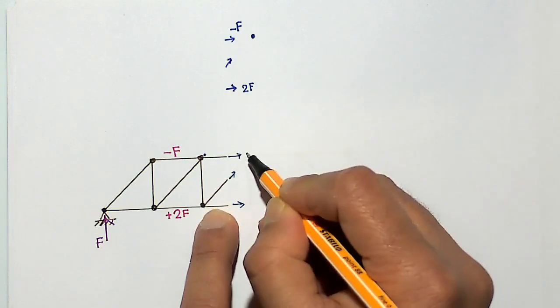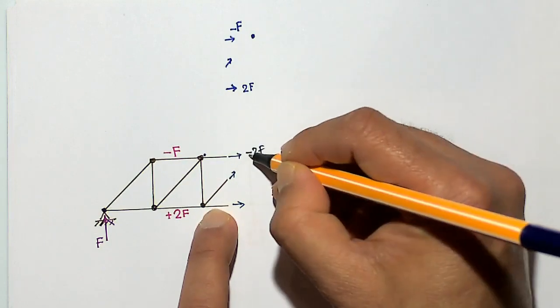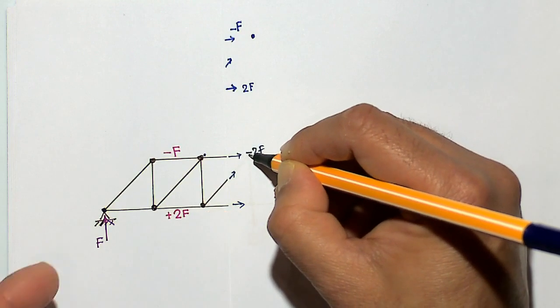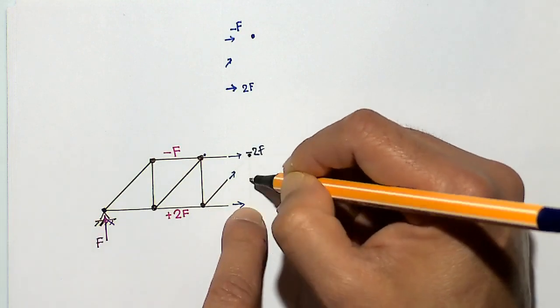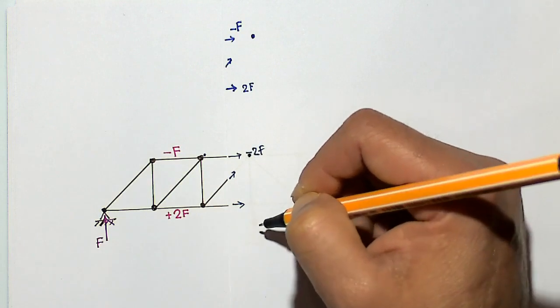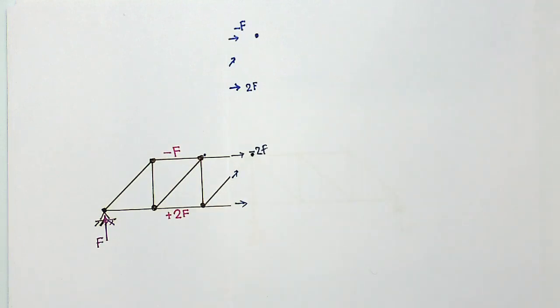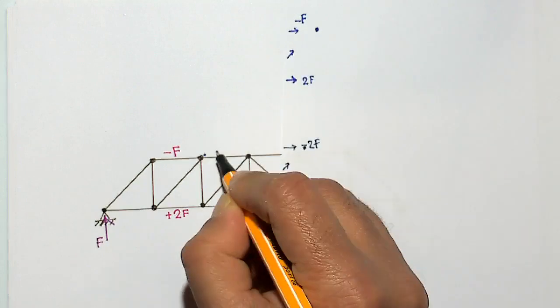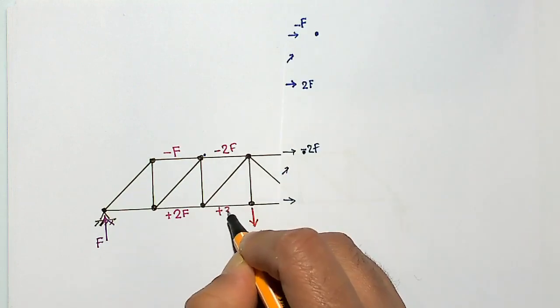So that would be minus twice F. And then similarly, if you take moment about this point, then that is F times 3 divided by this distance over 2. So you'll get a plus 3F. So this is minus twice F, and that is a plus 3F.